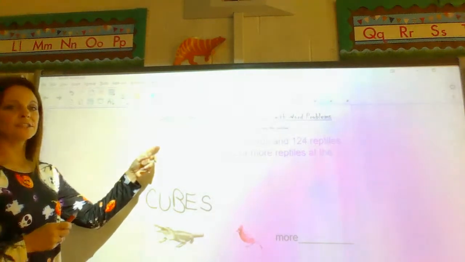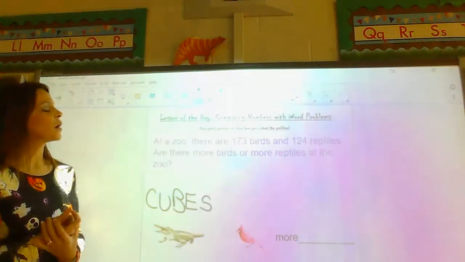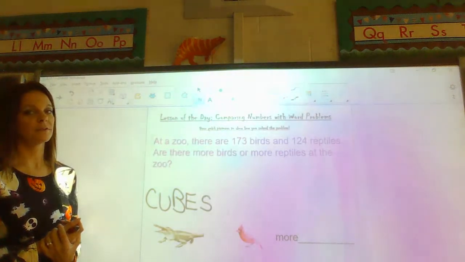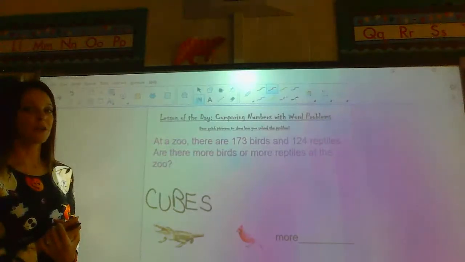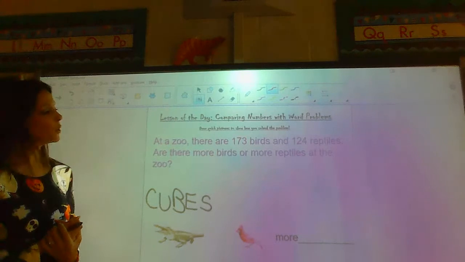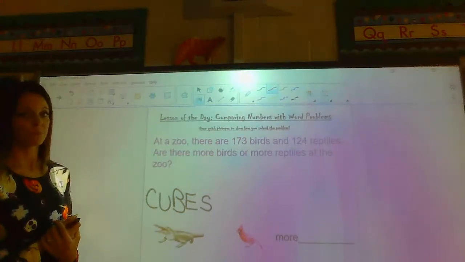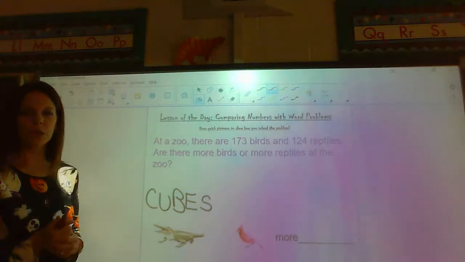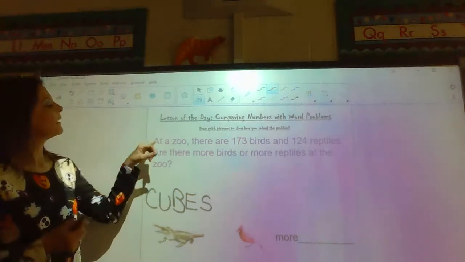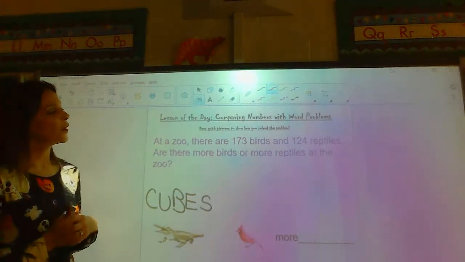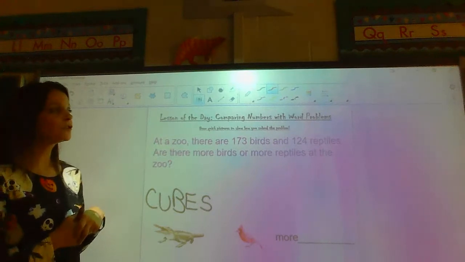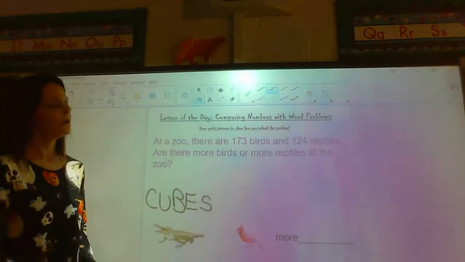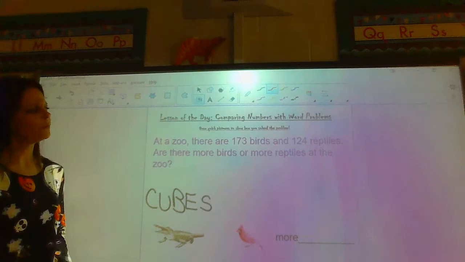At a zoo, there are 173 birds and 124 reptiles. Are there more birds or more reptiles at the zoo? See if you can read along with me this time. At a zoo, there are 173 birds and 124 reptiles. Are there more birds or reptiles at the zoo?